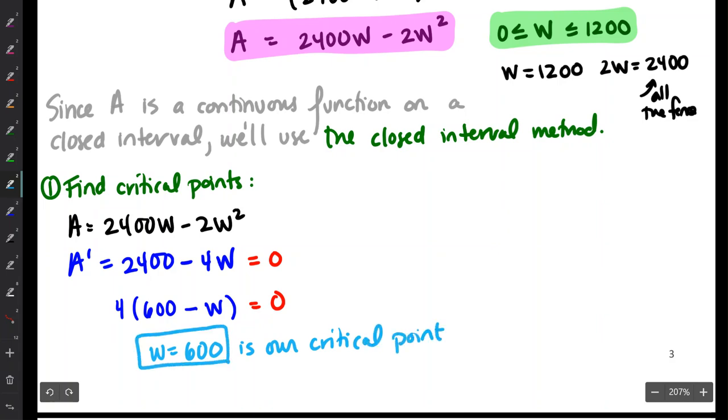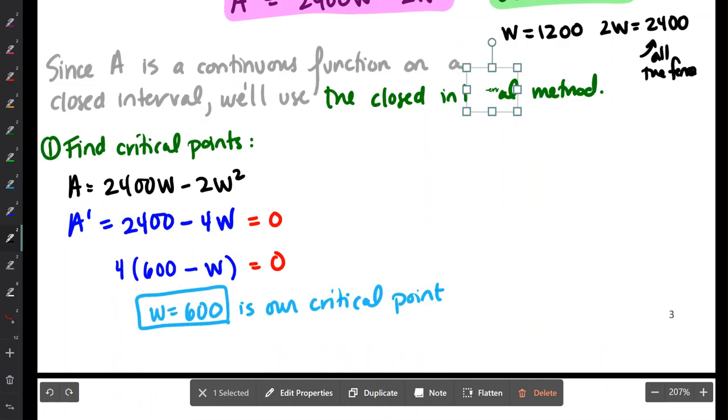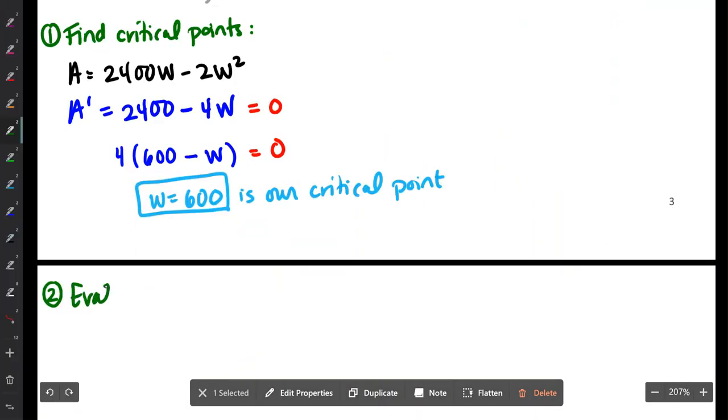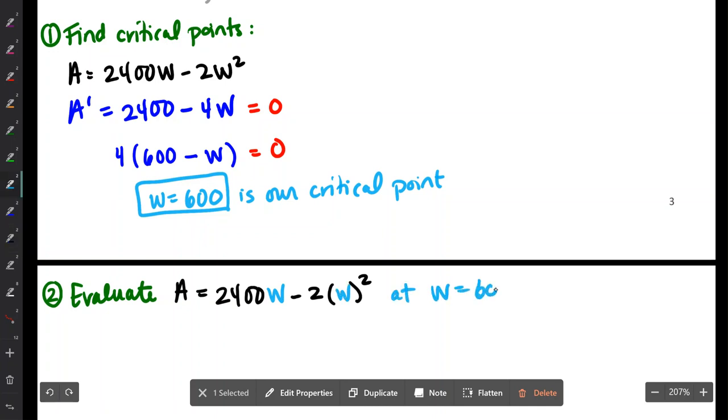Now I need to go ahead and evaluate my objective function, my area function at that critical point. Let's do that on another piece of paper. All right, so evaluate A at W equals 600. Okay. Beautiful.